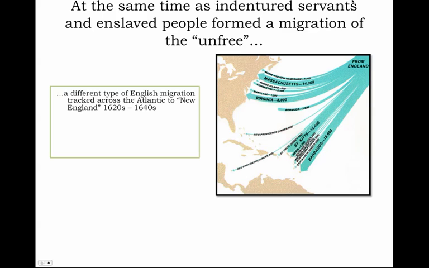And you can see from the illustration here that these various streams of migration bringing not only English folk, but ultimately servant folk and eventually even enslaved people to populate the English colonies. So these migrations are all going on more or less at the same time. And that of New England will be yet a bit different than the others.